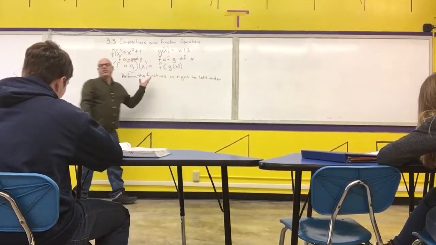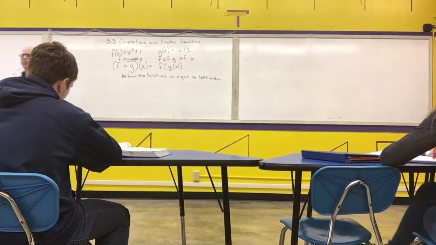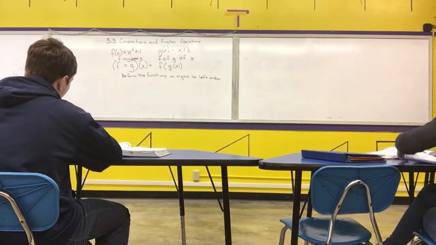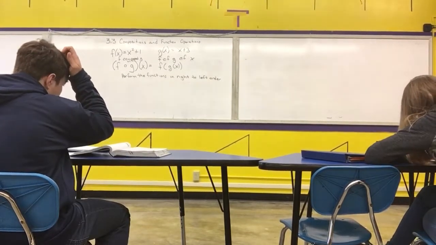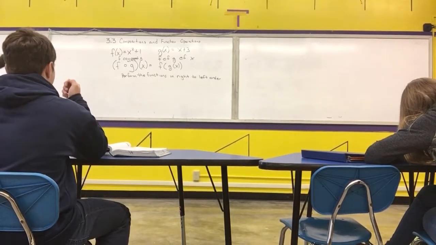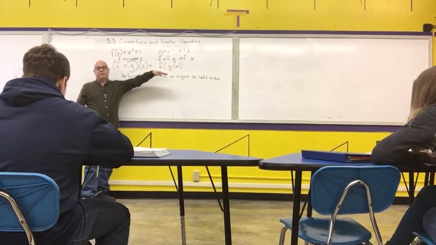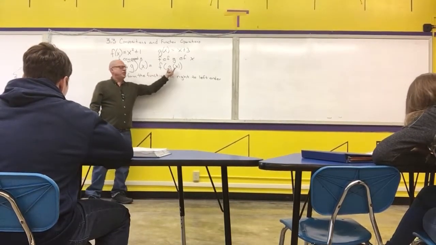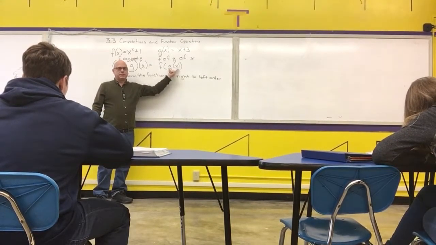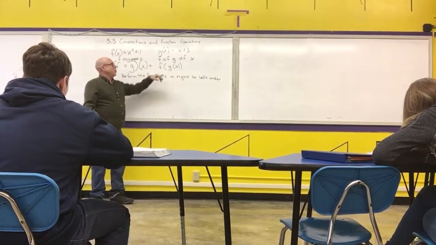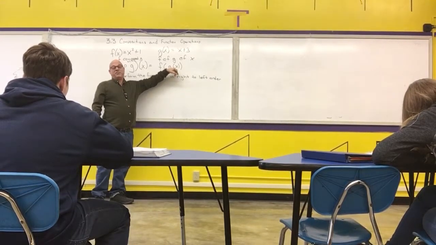Basically, what this composition symbol is telling you is to perform the functions in right to left order. And if you write it as f of g of x, you can actually see that. So first you want to do what's in the parentheses.